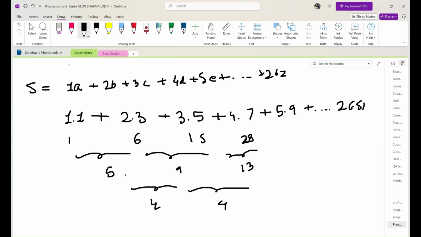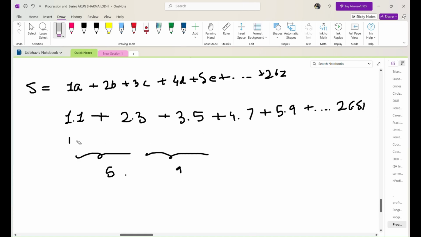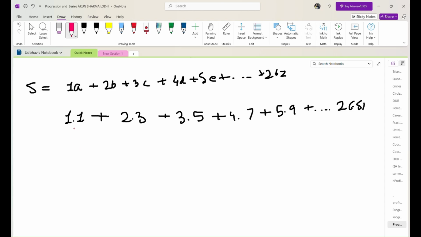We can write its general term. The general term will be like, these are the natural numbers, and then we have the odd numbers accordingly. So that is n into 2n minus 1.